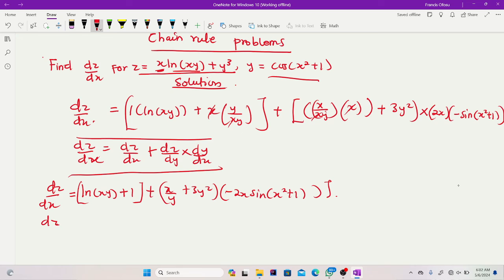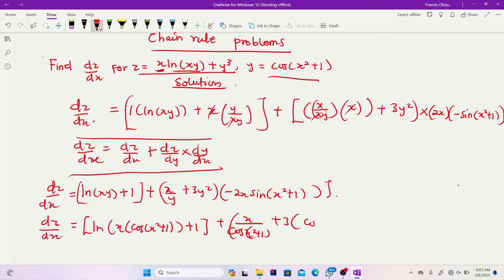So dz/dx is equal to, I'll have natural log of x multiplying the y, which is cosine of x squared plus 1, plus my x over cosine of x squared plus 1 here, plus 3 open brackets cosine of x squared plus 1 all squared, multiplying negative 2x sine of x squared plus 1, right?